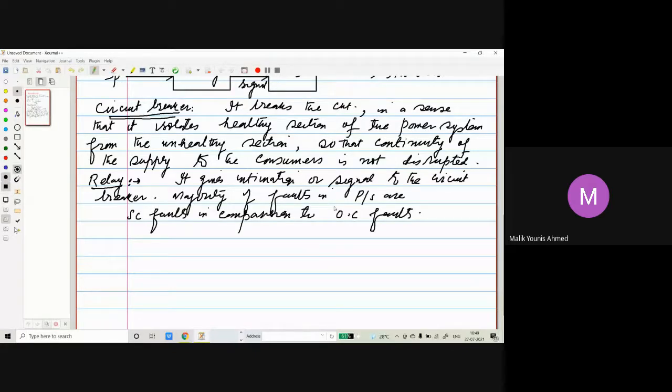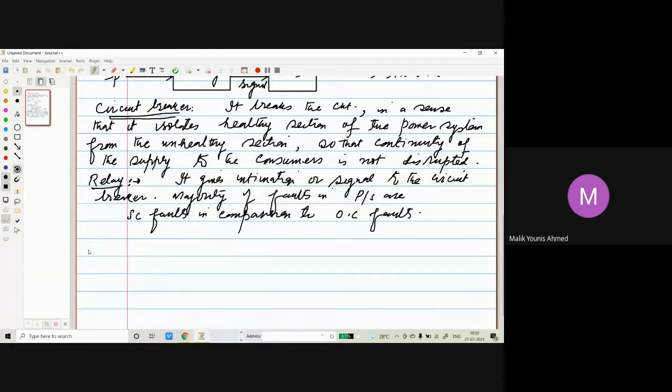That means we have symmetrical or unsymmetrical faults. They will occur more in the power system as compared to open circuit faults: one conductor open fault, two conductor open fault. They are less, which we have seen yesterday in the category of the faults.